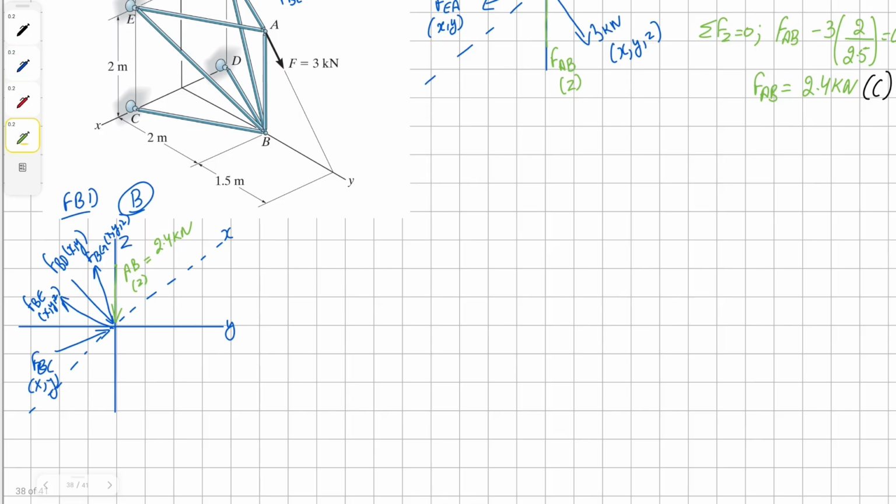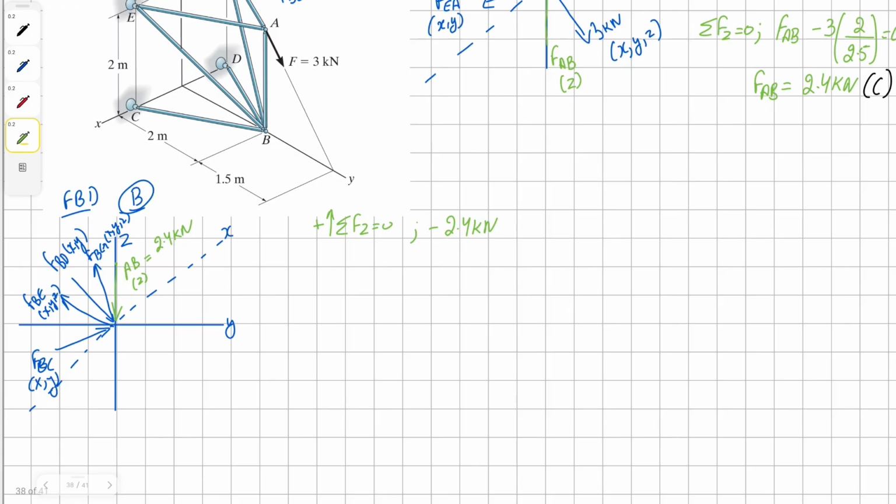Now to solve, we can start by summing the forces in z direction. We're going to have negative 2.4 k. And then we're going to have positive 2 times either force BG or force BE times their z component, which is 2 over the square root of 2 squared plus 2 squared plus 1 squared, which is 3, equals to 0.